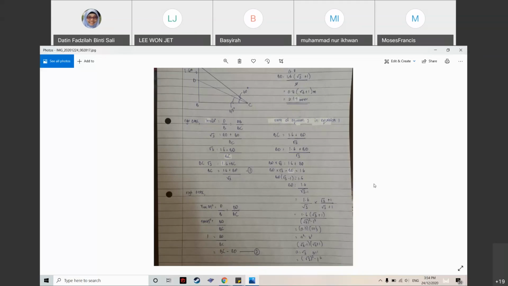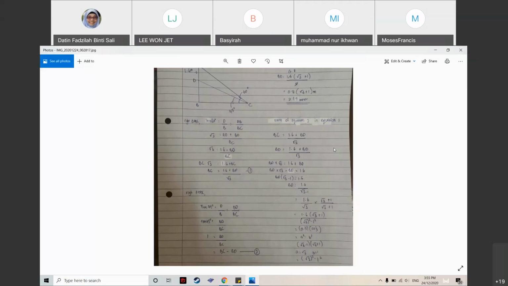And then look at the other triangle, the 45 degrees triangle. Do the same thing also. Tangent 45 equals BD over BC. So you have your tangent 45 is 1, correct? So then basically, equation 2.